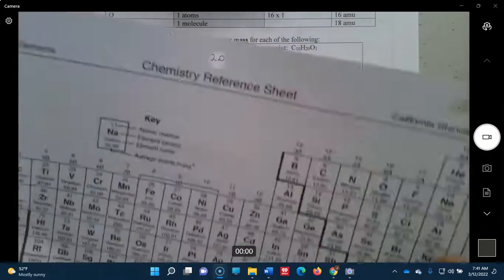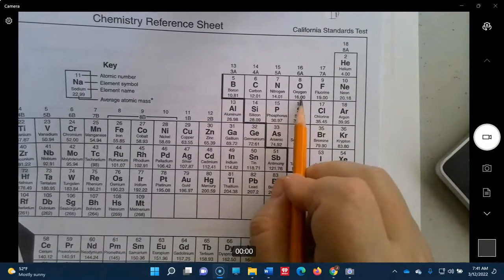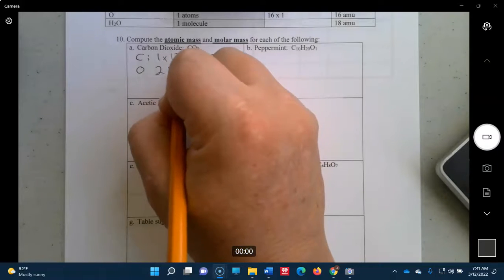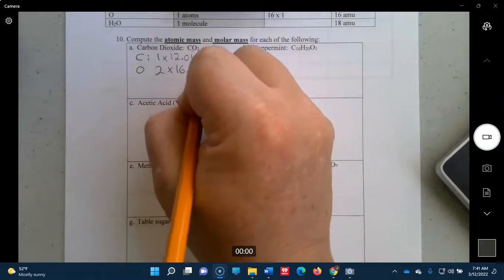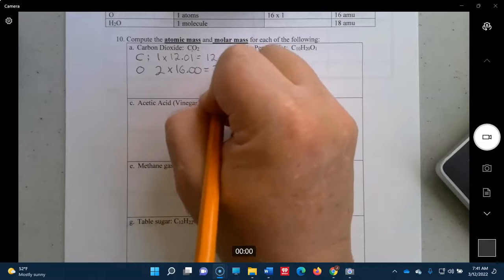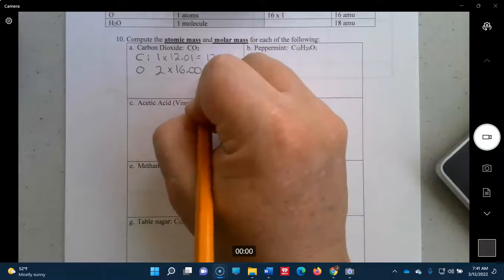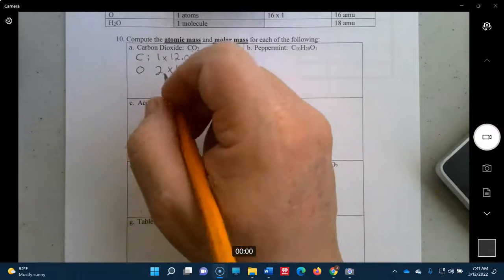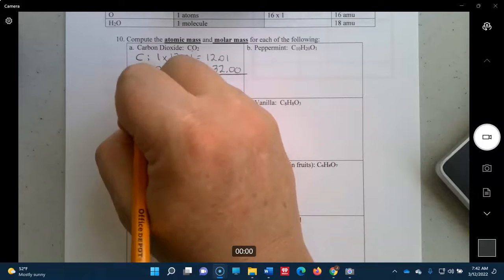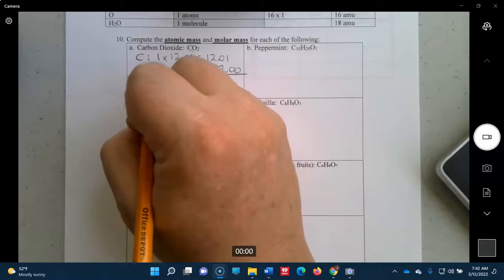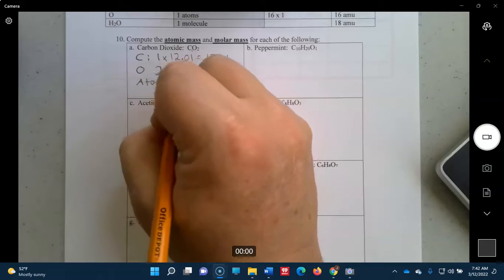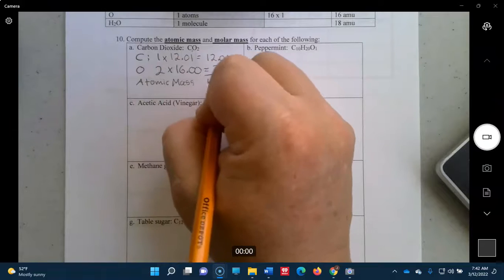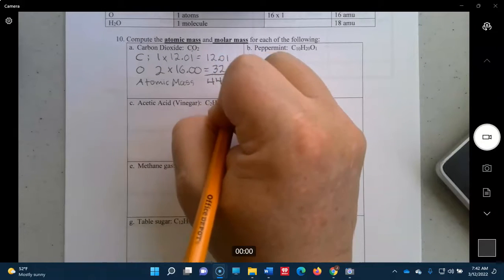Now we look over at oxygen. Oxygen is exactly 16, so 16.00, so you have 2 of those. You multiply that, that's 32. And now, ideally I should have lined this up a little better, but you add those together and you get 44.01 AMU.